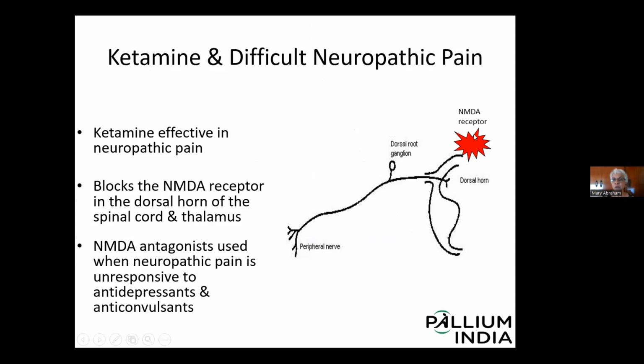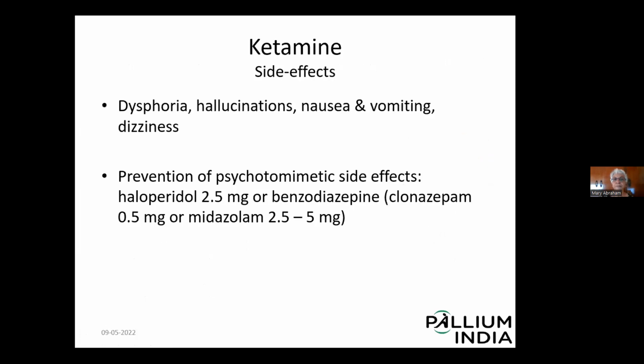Now, ketamine blocks the NMDA receptor, which is present in the dorsal horn of the spinal cord and also in the thalamus. NMDA receptors are present both here as well as in the thalamus, and it is used as a second-line treatment of patients with neuropathic pain. It has side effects like dysphoria, hallucinations, nausea, vomiting, dizziness.